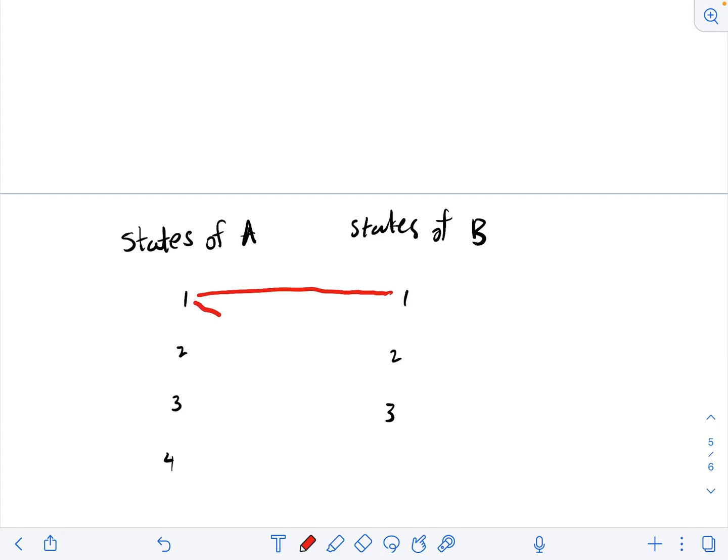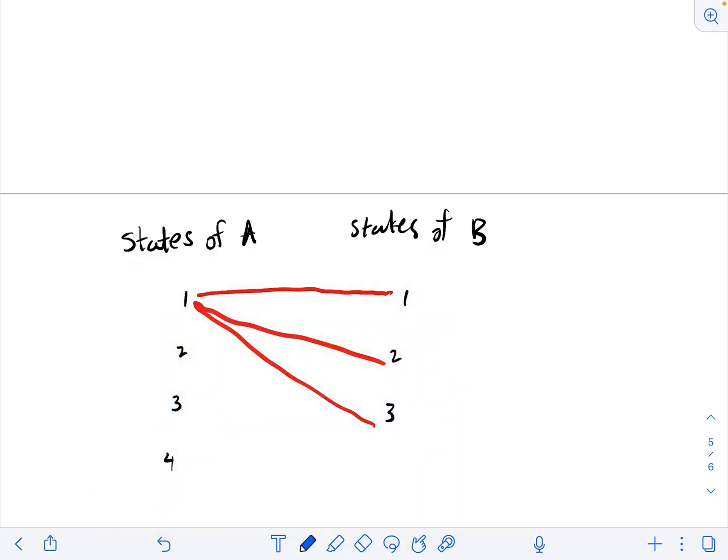Let's say system A has maybe 4 possible states, and B has, say, 3 possible states. Then the combined system, our composite system AB, could be A in state 1 and B in state 1, or A in 1 and B in 2, A in 1, B in 3.